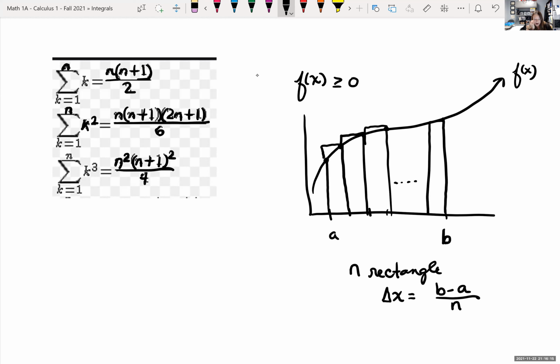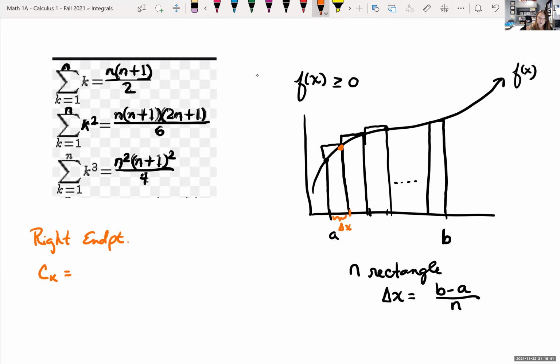So notice that our width in here is delta x. And if I wanted to get my right endpoint, let's call it C sub k.